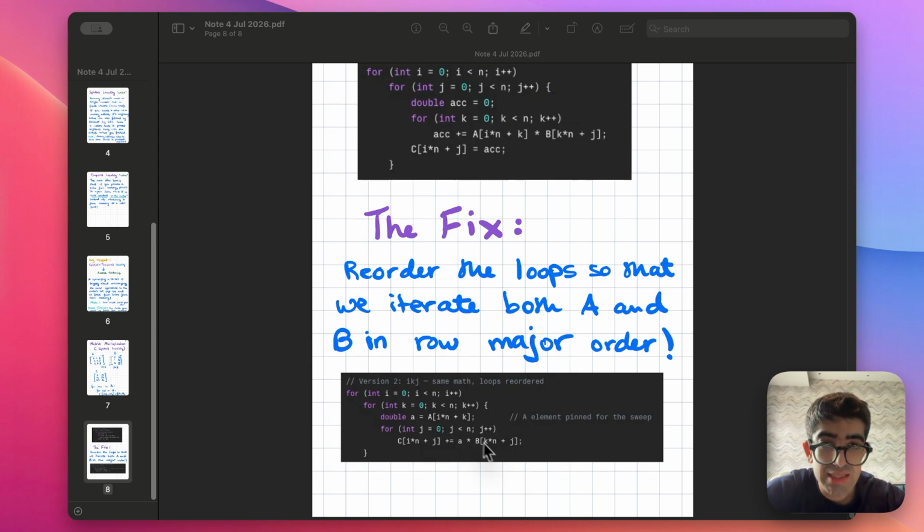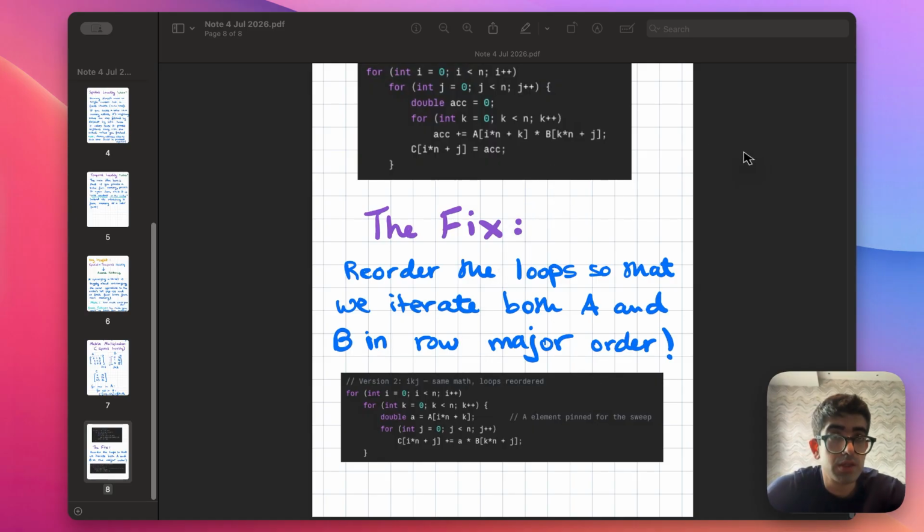If you take a look at the access patterns for both A and B, we are accessing consecutive elements in row major order. And by fixing the access patterns of matrix B, we have ensured that the matrix multiplication kernel is now optimal with regards to spatial locality, which means that whenever we fetch data from memory, we process the neighboring elements of that data in a consecutive fashion.